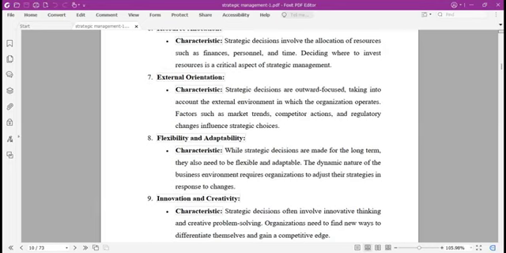Should any change occur, such an enterprise, such an organization must be ready to adjust, to adapt as things keep changing. Because the world keeps changing, everything keeps changing. There are better ways of doing things.